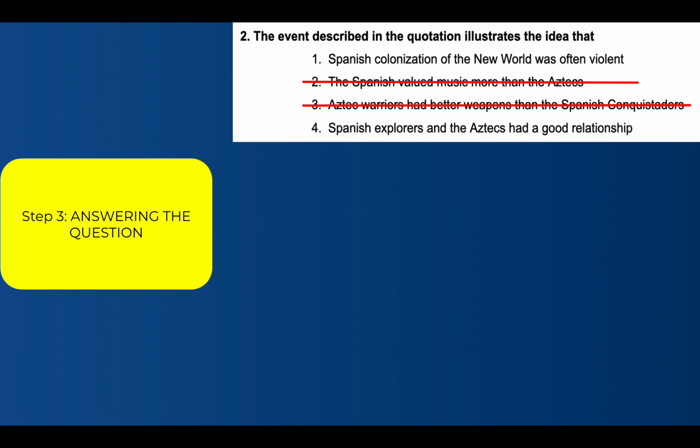That's not a good answer. If this is a violent interaction, they definitely didn't have a good relationship. We see Spanish colonization of the New World could be violent, and you know this from your own historical knowledge. The Spanish were the ones that conquered the Maya, Aztec, Inca, and a lot of others as well that we talked about. But also it tells you right in the document.